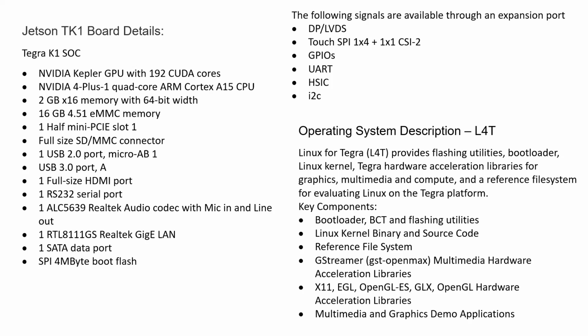So you can observe the bootloader and flashing utilities, kernel and binary and source code system. So a Linux system is used here. Multimedia hardware acceleration library is used here. So this type of single board computer system is particularly for extensive graphics. That is what we can say in short.